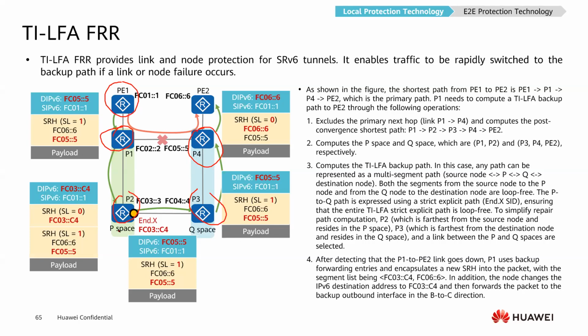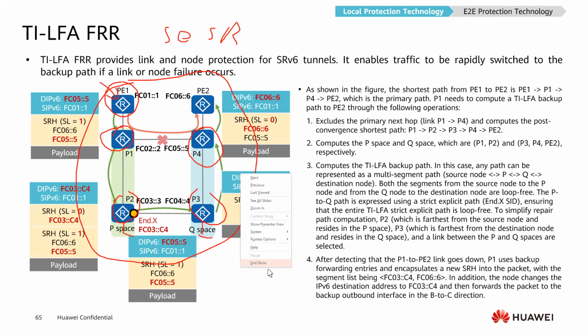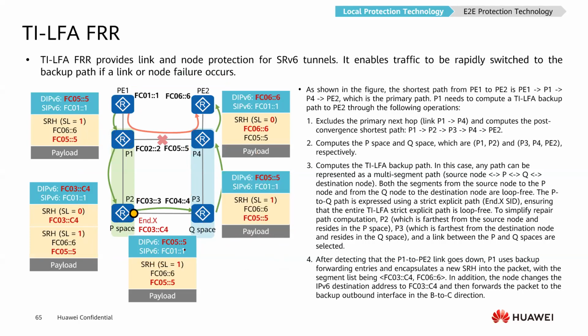Okay, so what to do? TI-LFA works this way. First, as long as all these devices enable the segment routing function, all devices know the topology and know each device's segment. No matter whether you are using the End segment or End.X segment, all devices know it.